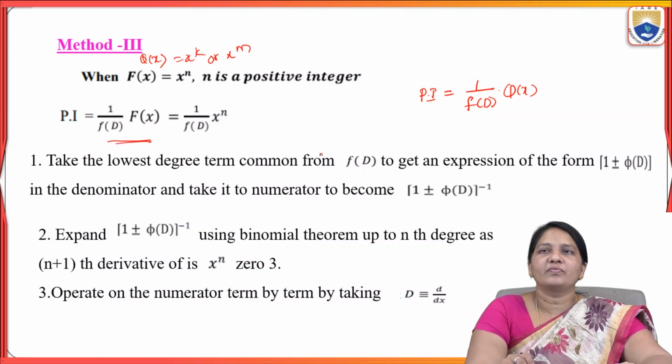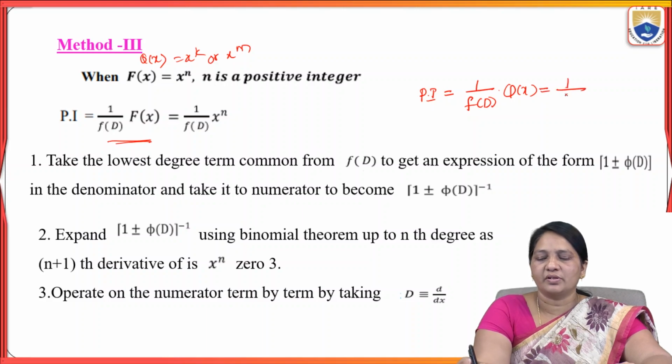So in place of f of x or q of x we have x power n, that is, 1 by f of D into x power n.